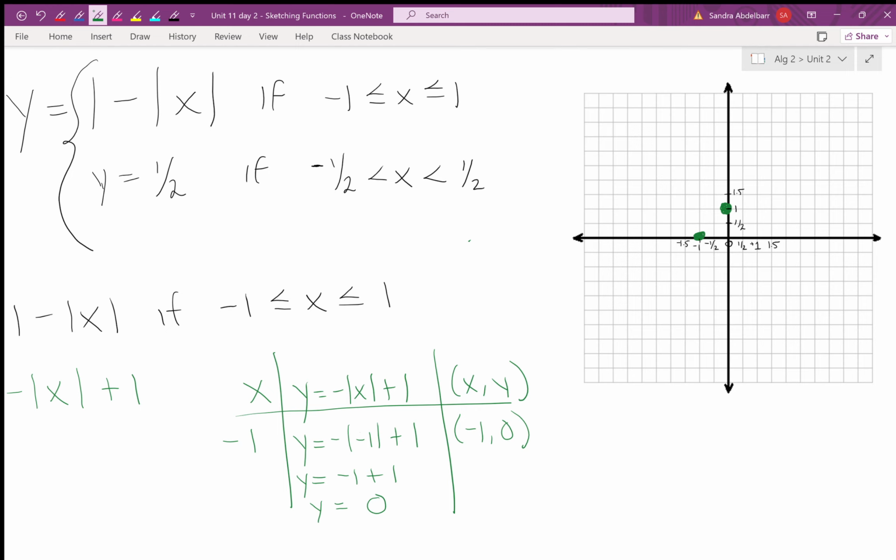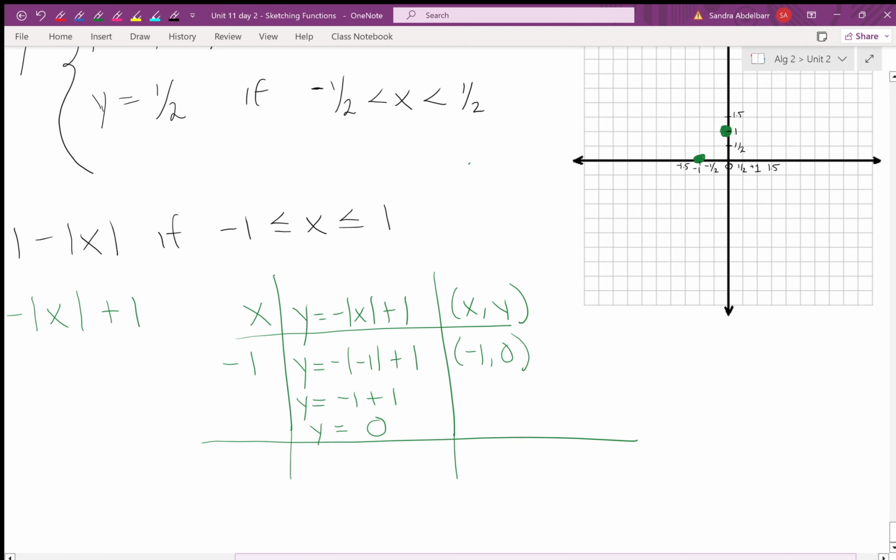All right. Then we're going to do the same thing with positive 1. What do we know that's going to end up being? The same. So now it's going to be positive 1, 0, right? So that's going to be right over here. Do we agree that's our V? That's our absolute value graph right there.